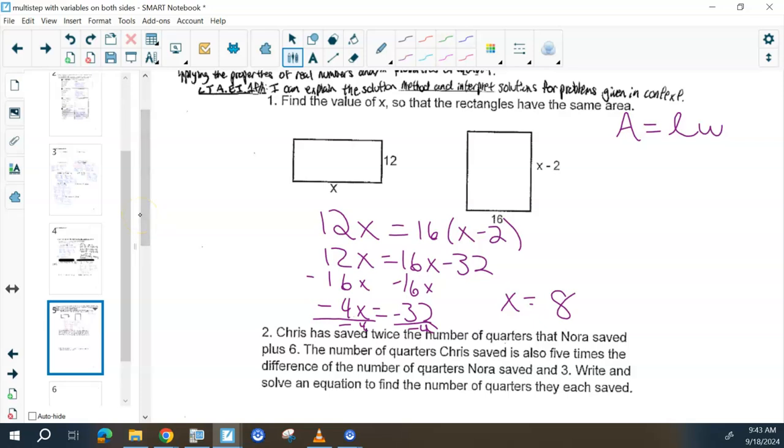Now, we just needed to find the value of x, but because we know the value of x, if it asked us to, we could actually find the area as well.